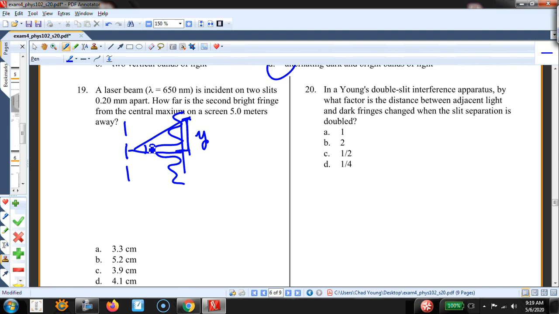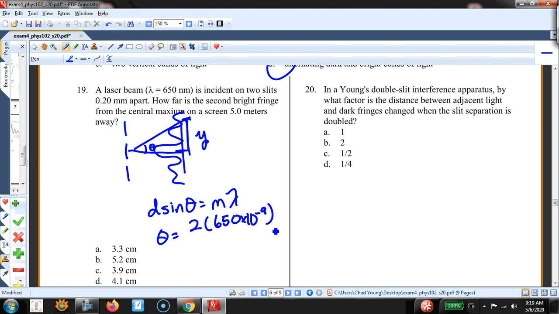So that's the first thing I need to do, is find the angle theta. So I say d sine theta equals m times lambda. And if I solve that for theta, m is equal to 2, lambda is 650 nanometers, over d, which is 0.2 times 10 to the minus 3.